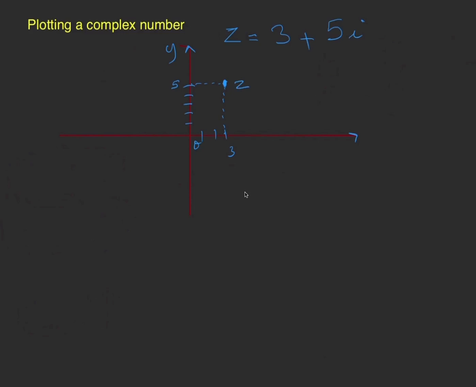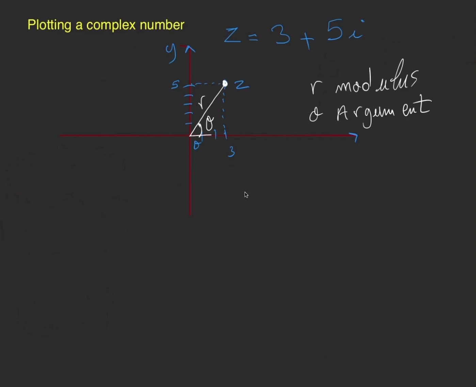Here is the line to z, and this here is called r, and r we call the modulus, and this angle here is theta, and we call it the argument.